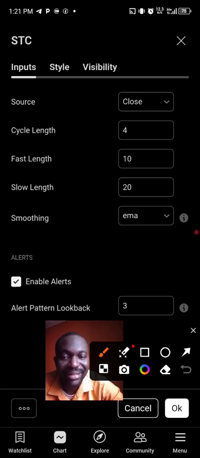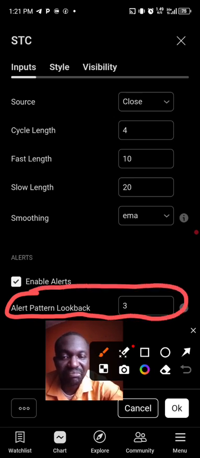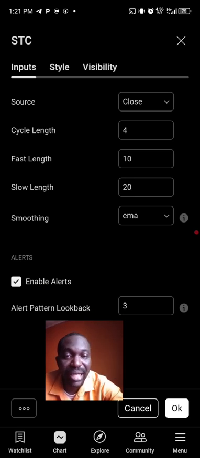Okay, and I think the rest are not so important. Alert, pattern, look back, they're not so important like these ones right here.